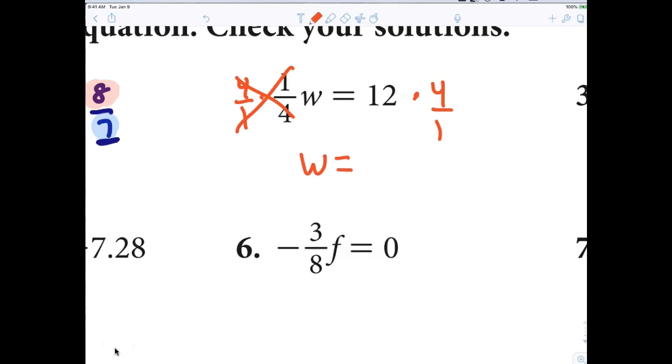And so W is equal to what? Well, 4 times 12. You did 3 times 12. 4 times 10. 4 times 2.